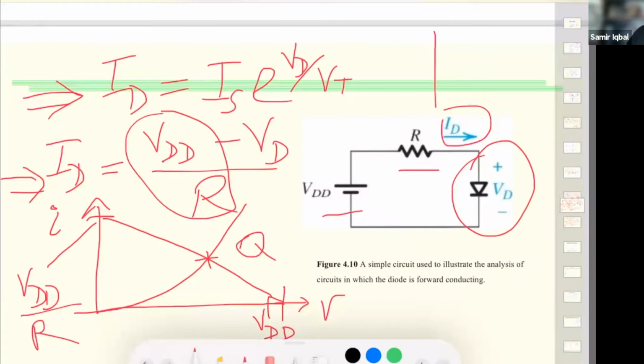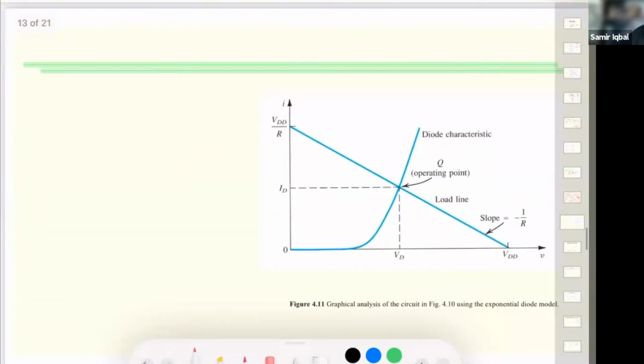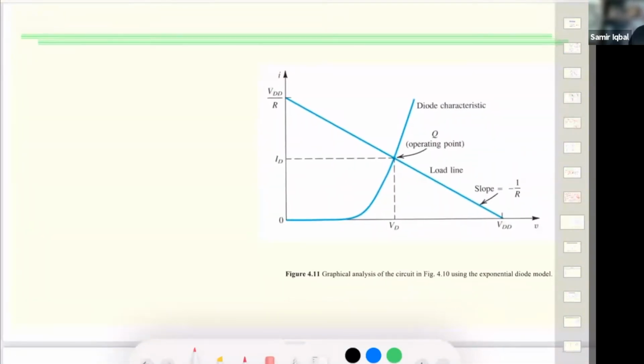This is what we call the load line, and this Q point over the load line is where the exponential model intersects with the linear model. That gives us the diode characteristics. There's a much cleaner version of what I just plotted.